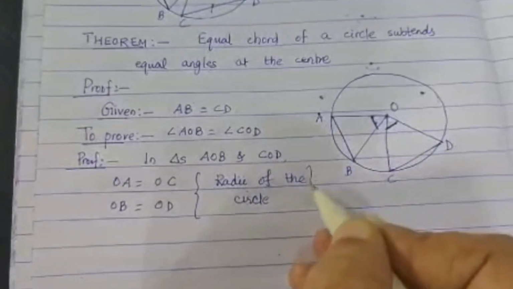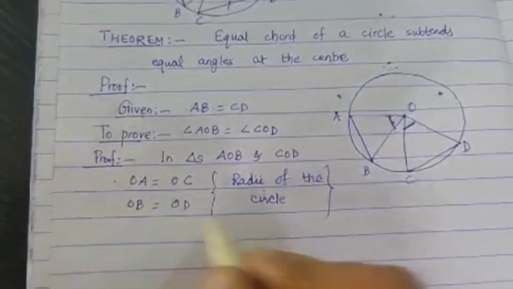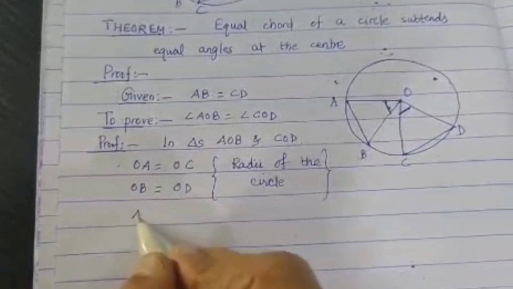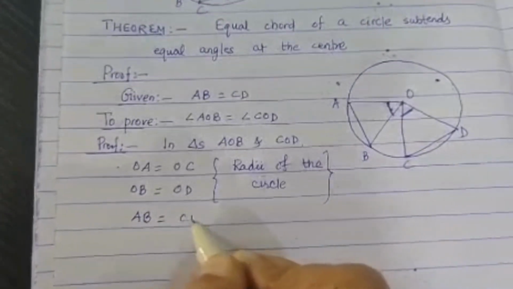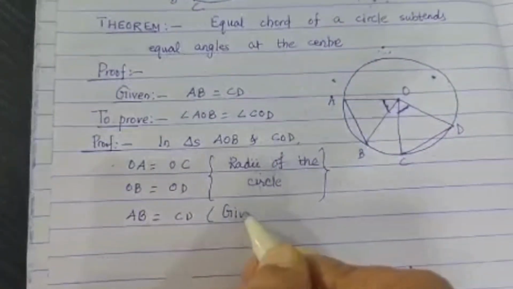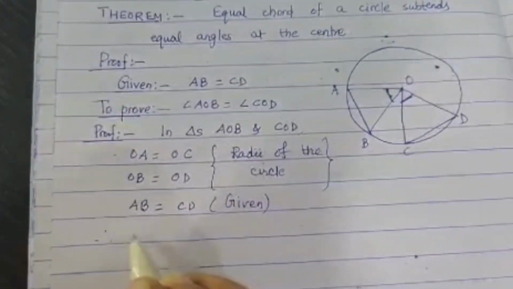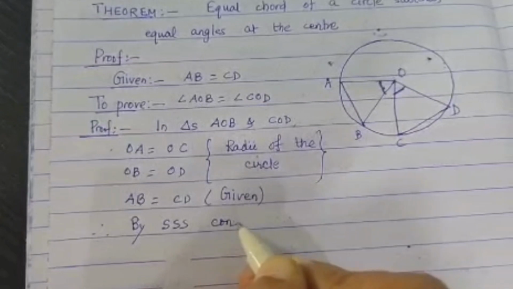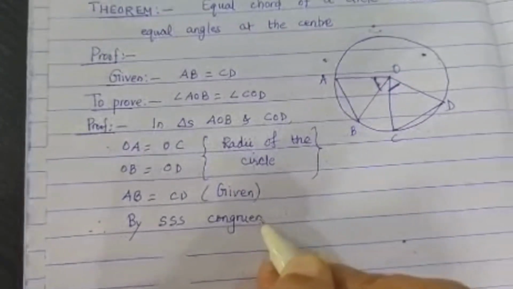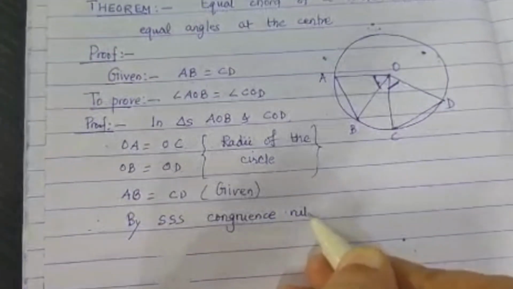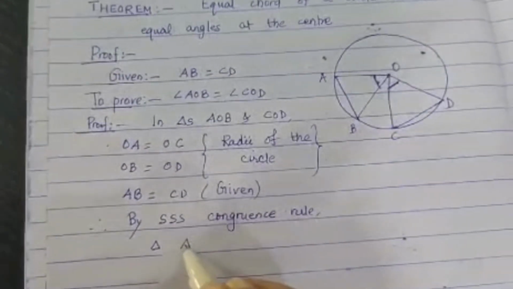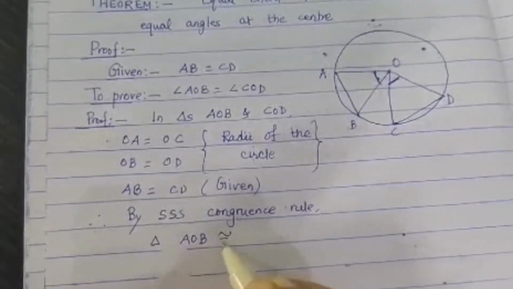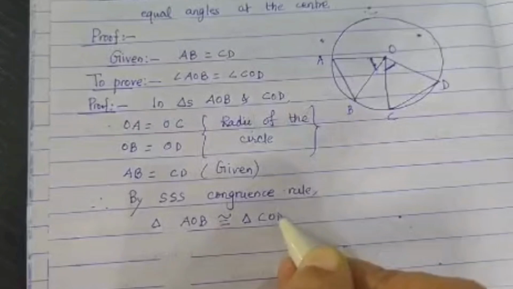Now the third one is AB equal to CD. It has been given that these chords are equal. Therefore, by SSS congruence rule, we can say that triangle AOB is congruent to triangle COD.